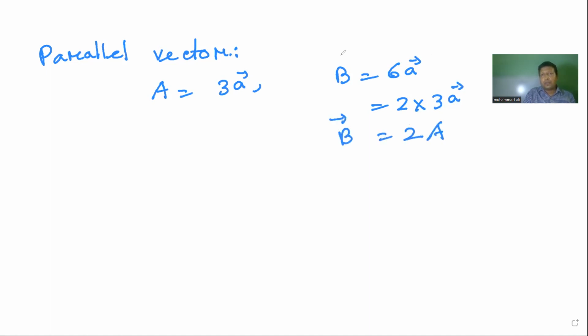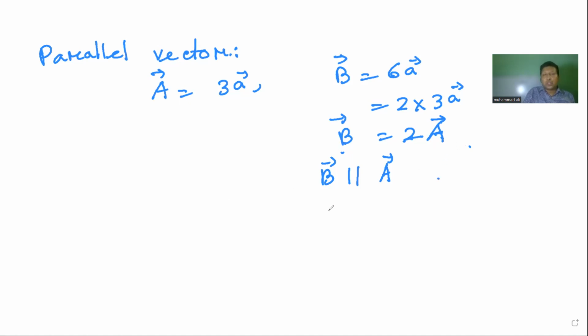So b vector we can represent as the product of a vector with 2. If one vector can be expressed as the product of another vector, then both of these vectors are parallel. So b vector is parallel to a vector.